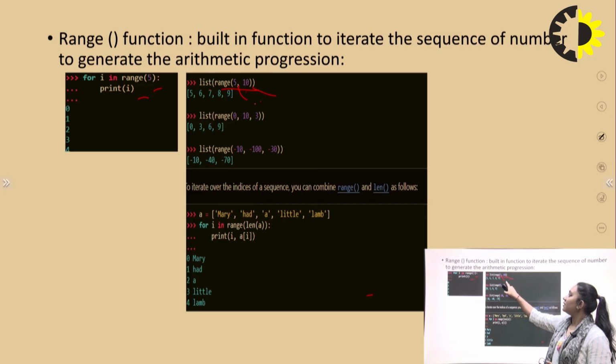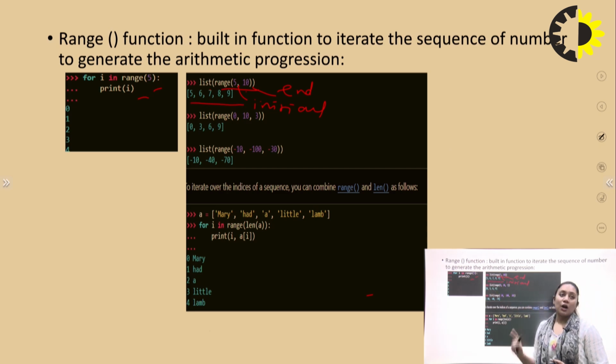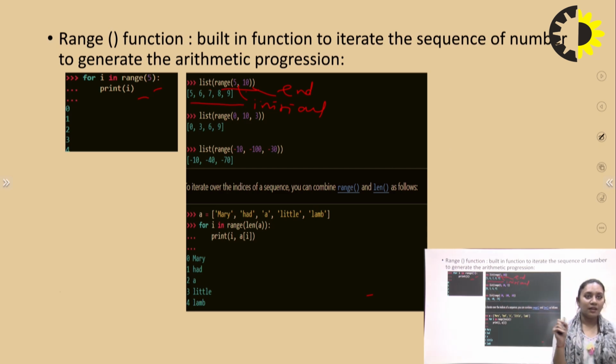So the output you get is between the range 5 to 10. Next is also the start, the end, and the step value, right? Okay, next we can also go in reverse, with a negative integer, and it will give you the output, right?